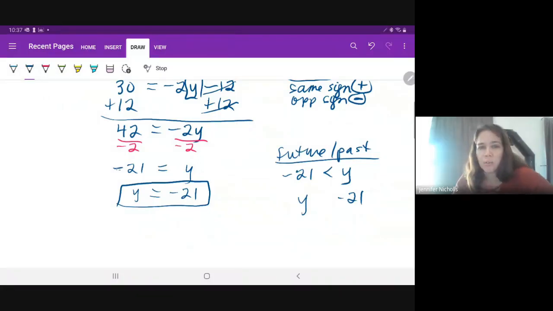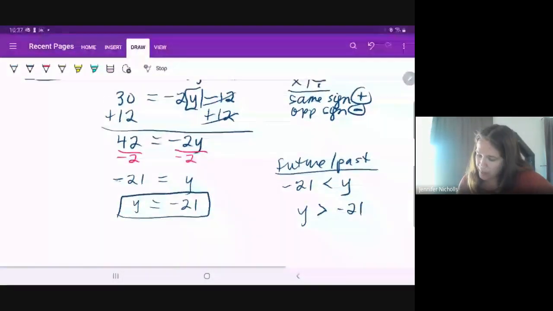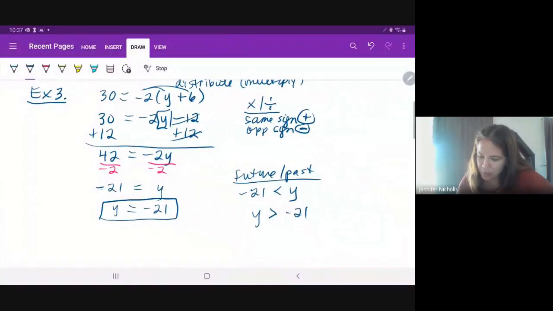Right? So switching things around is actually serious business. Yeah, you have to change the sign. So I don't want you to just be used to switching signs randomly in equations because it's going to hurt you in inequalities. And if you haven't answered many questions, start typing some stuff that's relevant to the examples that we're doing.